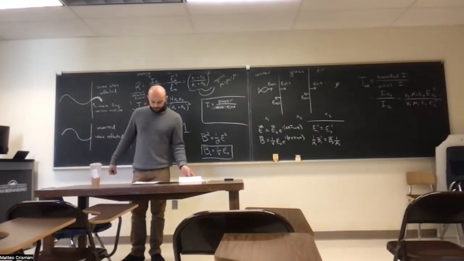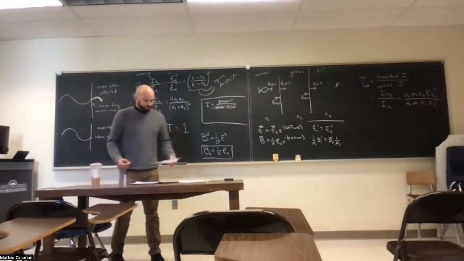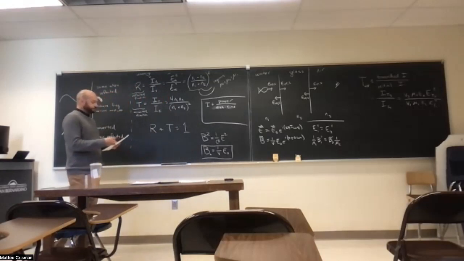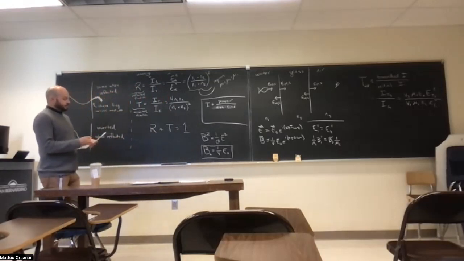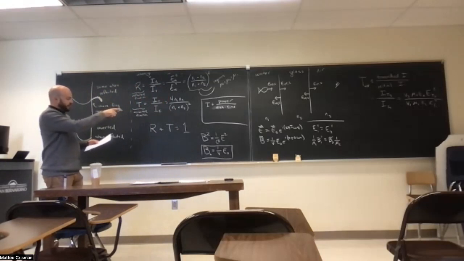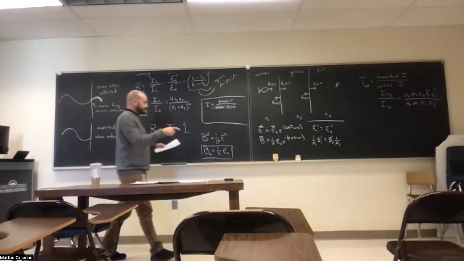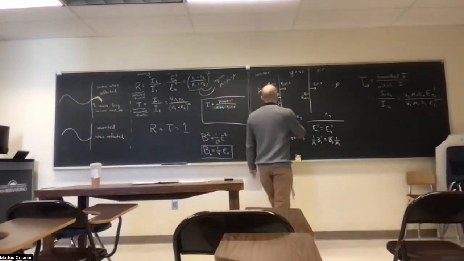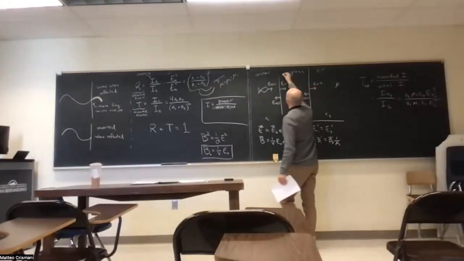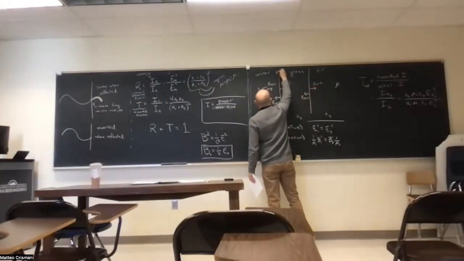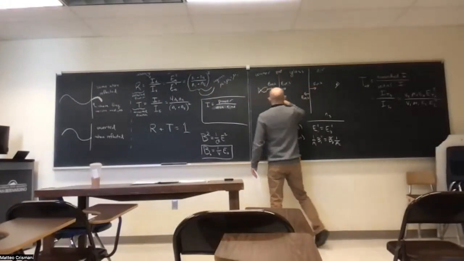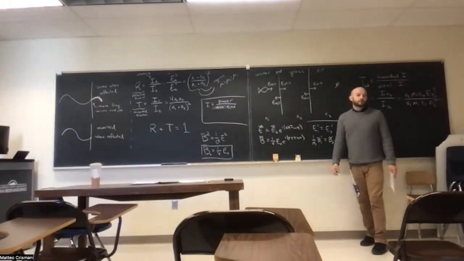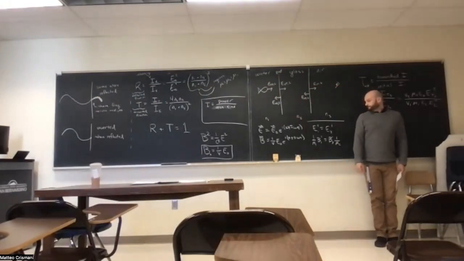So let's look at this one then. E has that form. Do I have a way of writing, say, at z equals 0 and t equals 0, is there a way of relating E across this boundary?